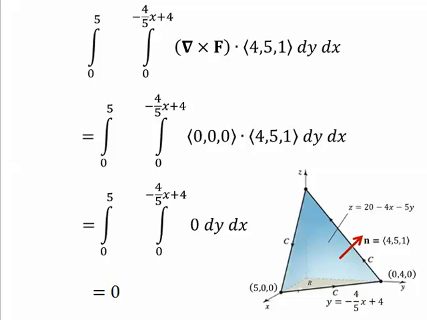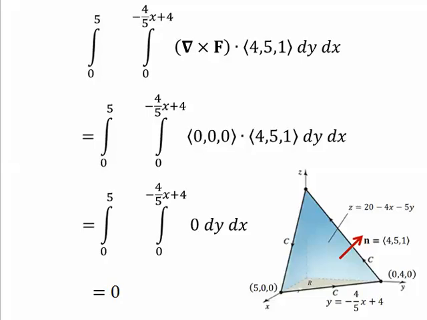Just one final comment I want to make. I organized this video the way I did because it's not always going to be the case that the curl is equal to 0. In this case, the curl of del cross F is equal to 0.